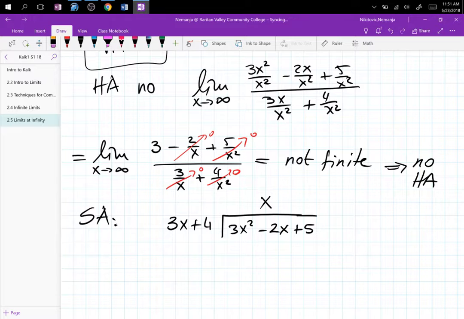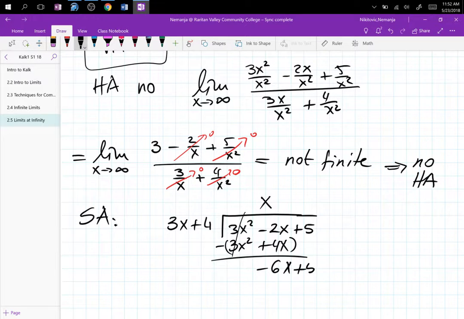When I multiply back, x times 3x is 3x squared plus 4x, and then I need to subtract. These cancel. I get minus 6x, and then I bring 5 down. 3x goes into negative 6x negative 2 times, and I don't have to do anything else. I don't care about the remainder. I don't care about anything else. I have my equation, x minus 2. So slant asymptote at y equals x minus 2.